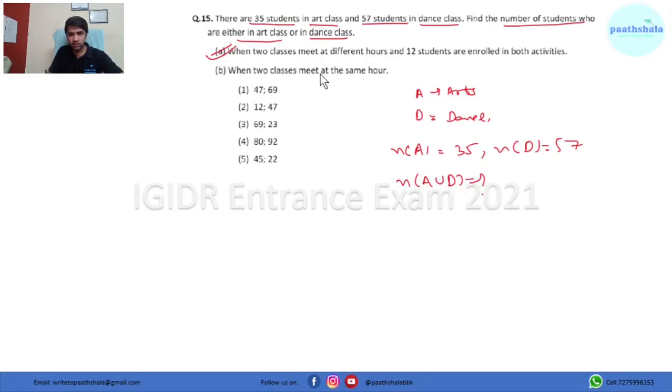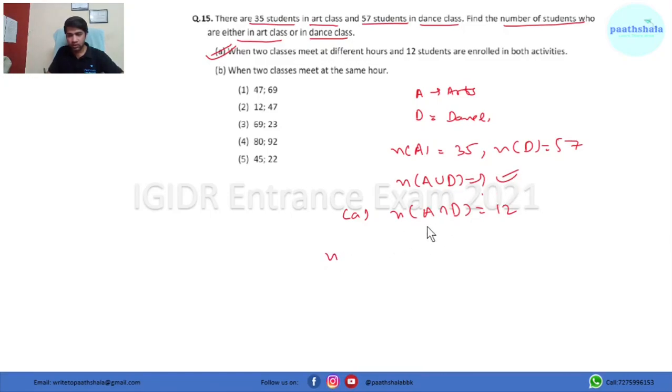So the first case is for A, it is saying that when two classes meet at different hours and 12 students are enrolled in both activities. So in the first case, it is given that the number of students enrolled in both classes, that means A intersection D, is 12, and we have to find this value.